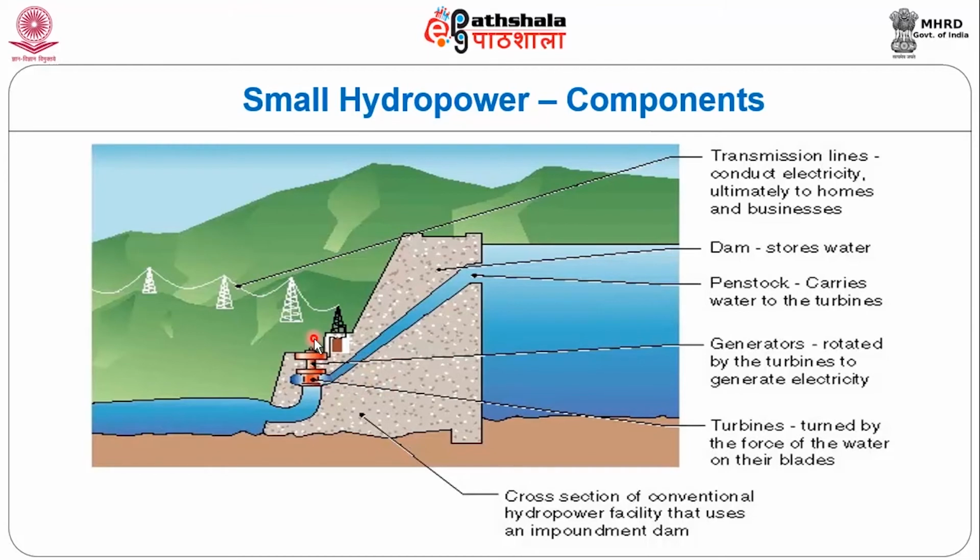And this is a generator, and it generates electricity. And this is a turbine; various turbines may be used in the hydraulic turbine to generate the electricity. And these are the major components of small hydropower.